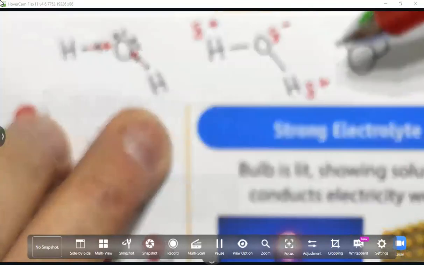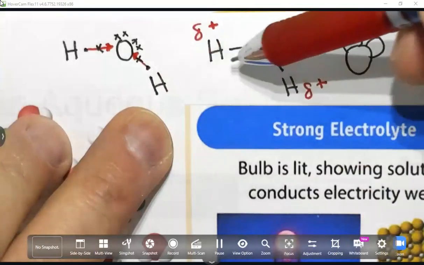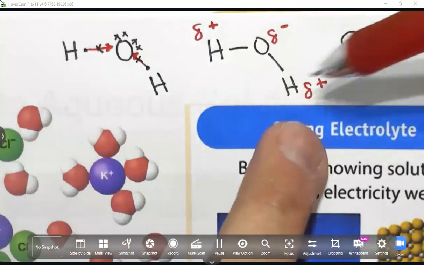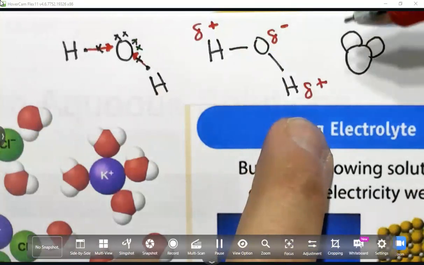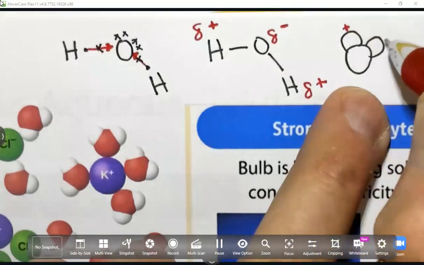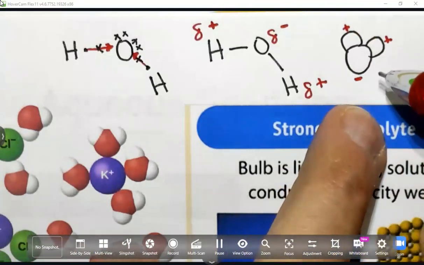Now, what I want you to know, what's a summary out of all this for right now? We say that water is polar. What does that mean? It doesn't share the electrons equally, and you have positive hydrogens and you have negative oxygen.